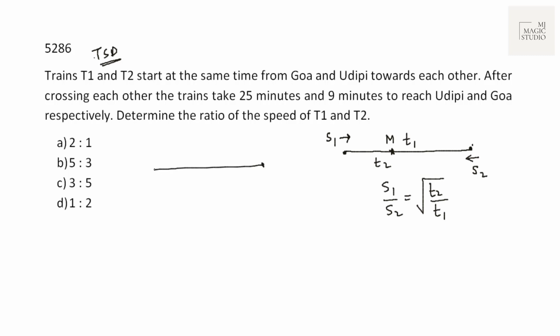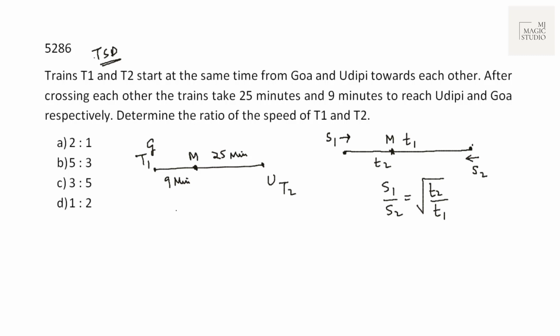Two trains T1 and T2 start at the same time, from Goa is T1 and from Udupi T2, towards each other. Let them cross each other at M. After crossing, the trains take 25 minutes and 9 minutes respectively to reach Udupi and Goa respectively.